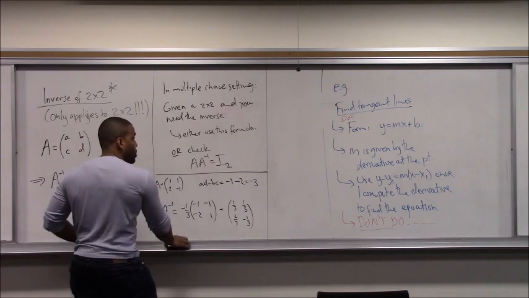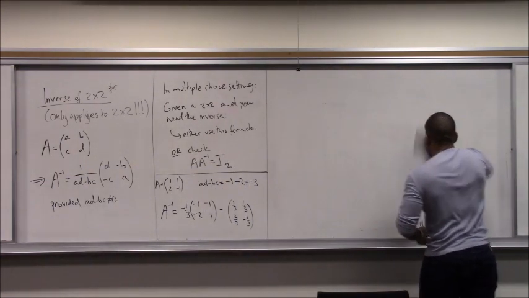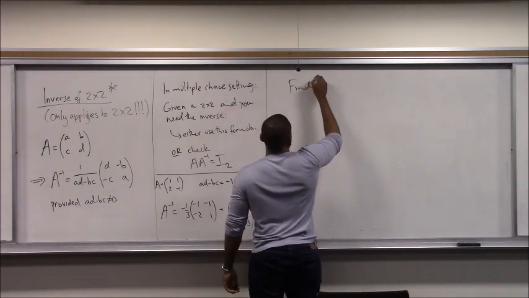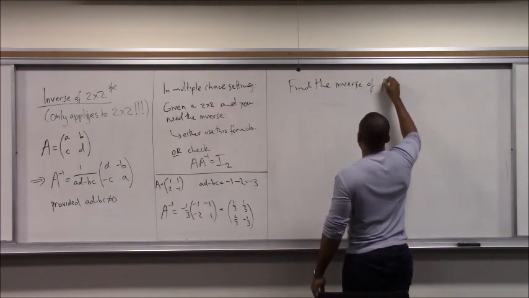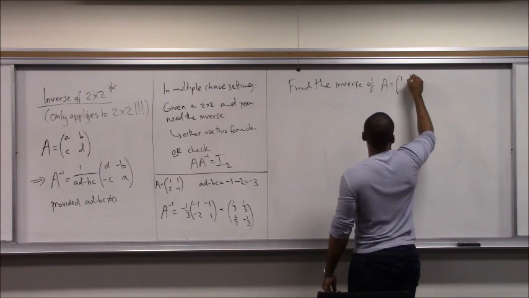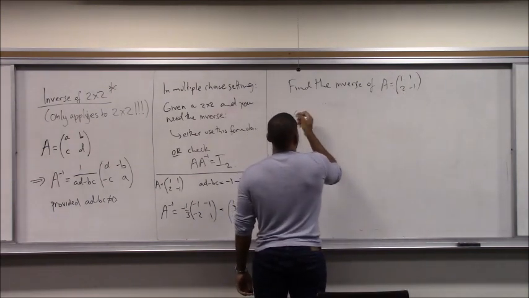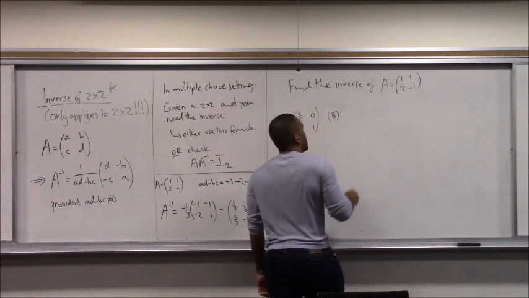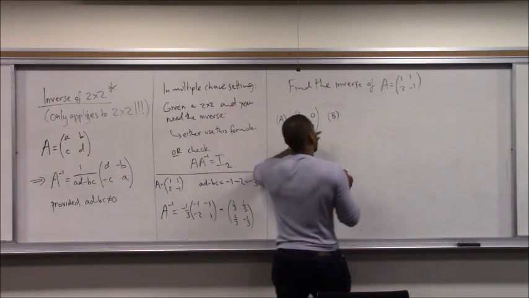So suppose you're in a situation where it's multiple choice. So it says find the inverse of A equals 1, 1, 2, minus 1. And you have options. Right? So the first one, let's say it's 2/5, 0, minus 1, 1. B, I'm going to do something that a lot of students did in the test.